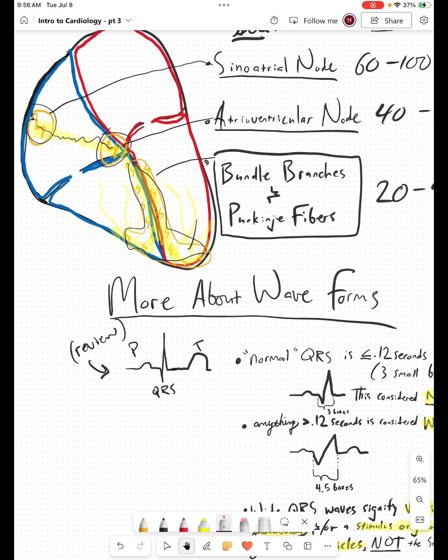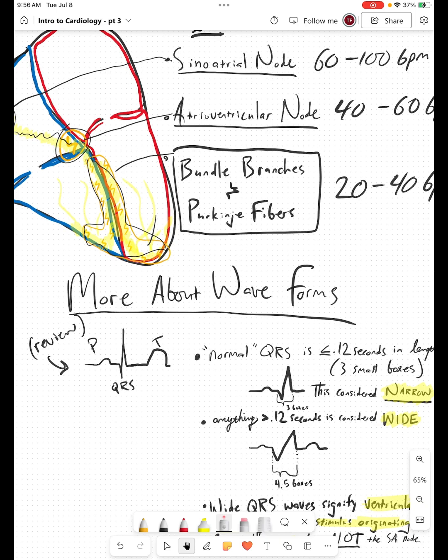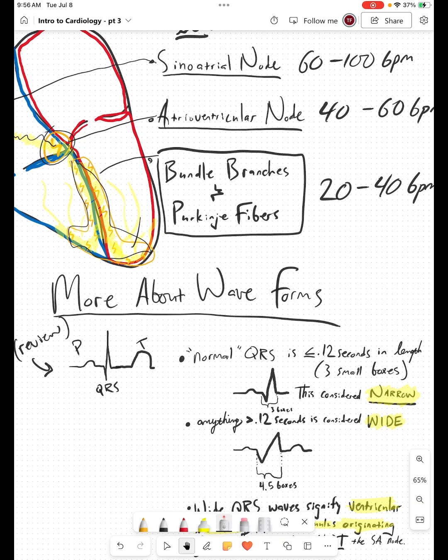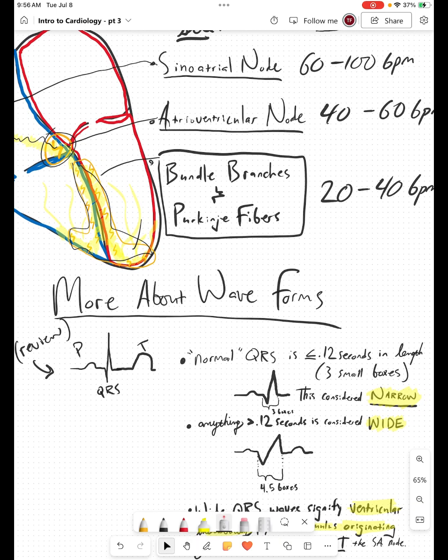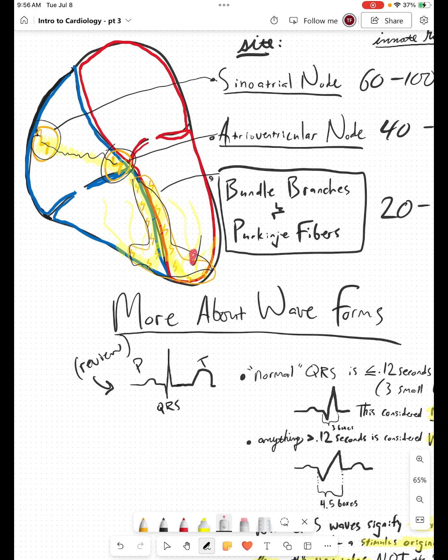When it is wide, on the other hand, so when it is greater than 0.12 seconds, that signifies that the stimulus came from down here. It came from somewhere in the ventricles, whether it be the Purkinje fibers, your bundle branches, or just a rogue pacemaker cell out in the ventricular space.